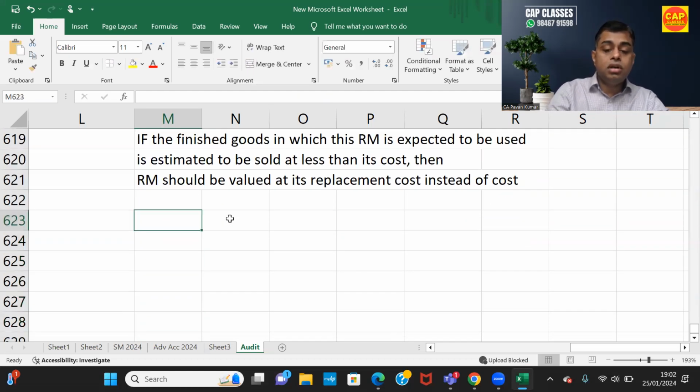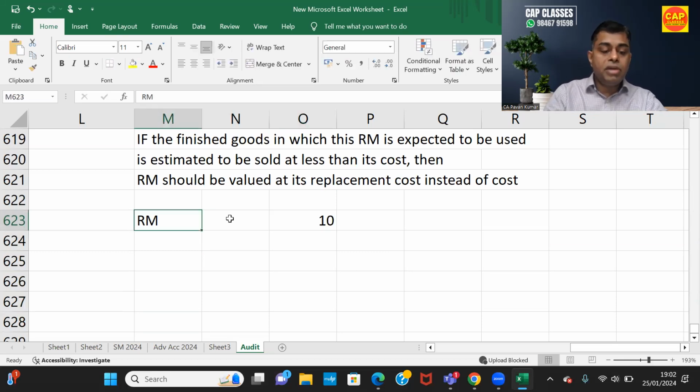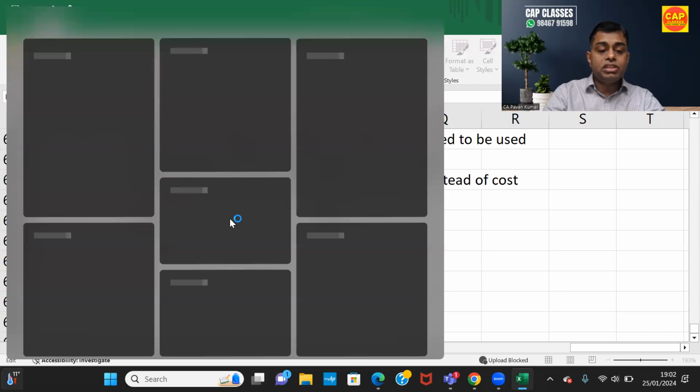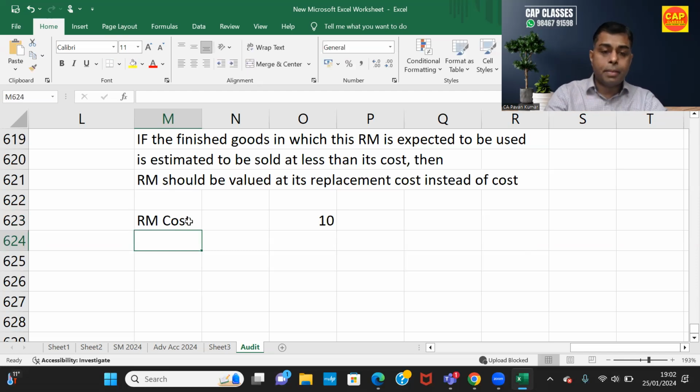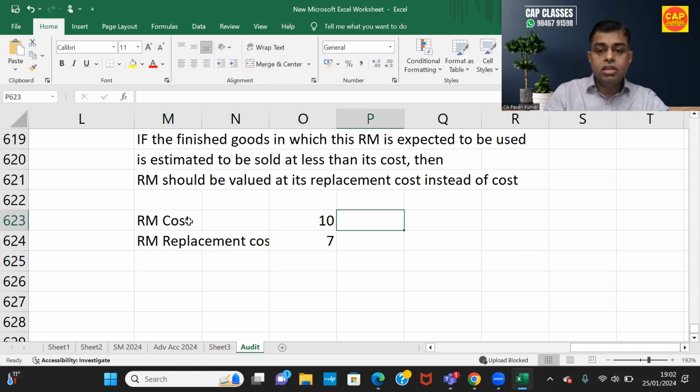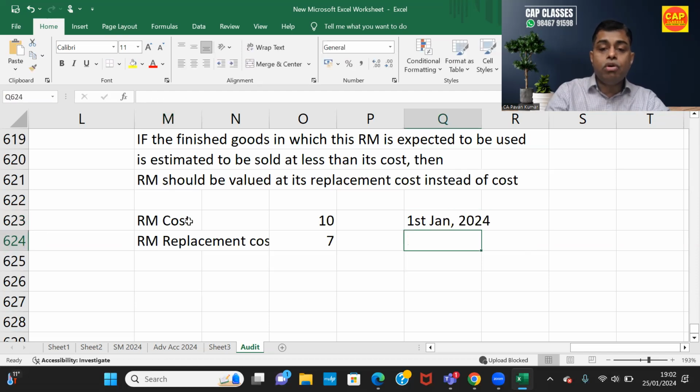Now look here. Raw material cost is, for example, 10 rupees. This I bought 3 months back. Raw material replacement cost today is, say, for example, 7 rupees. So this I bought on 1st Jan 2024.